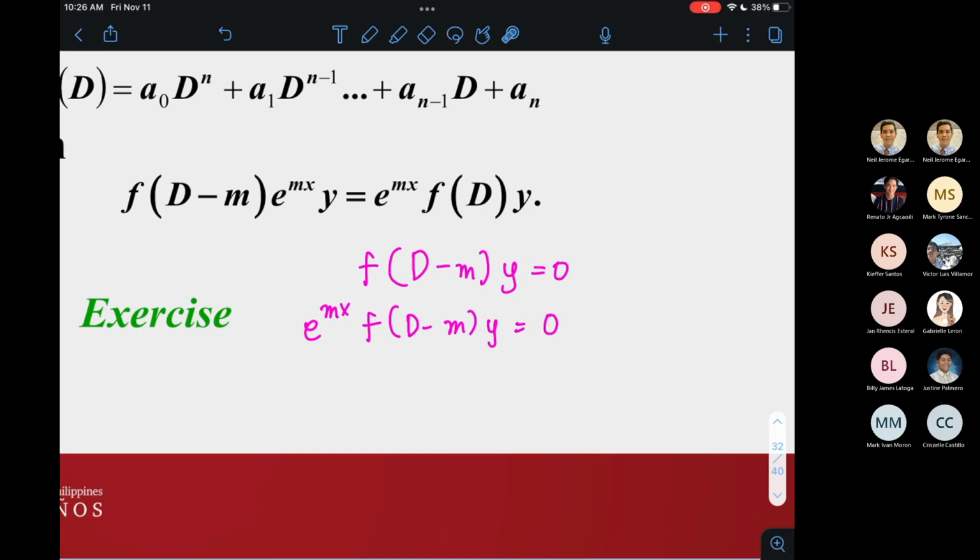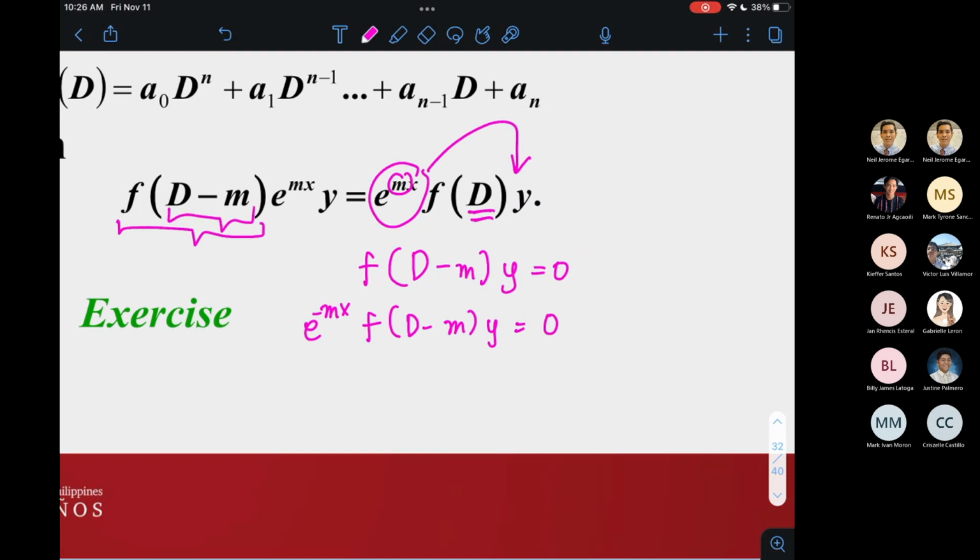So, ibig sabihin pala, dapat ang minultiply ko both sides ay e to the minus mx. Alright? Kasi nangyayari pala pag ito naman, gusto kong ipasok dun sa loob, ang mangyayari ay magkakaroon ako ng f of d minus m. So, ibig sabihin, ma-minusan ko yung nasa loob ng auxiliary polynomial by m. So, naging d minus m siya dun sa loob.